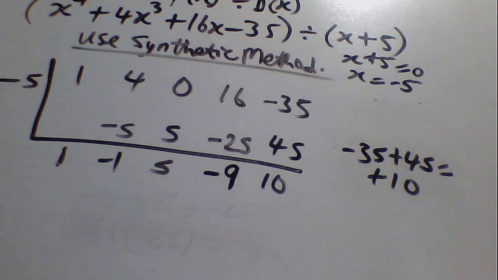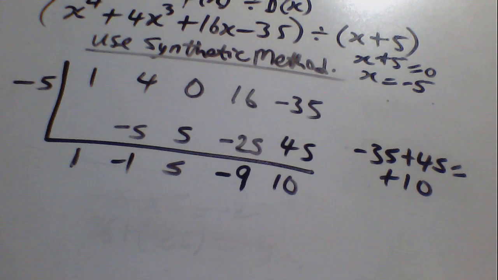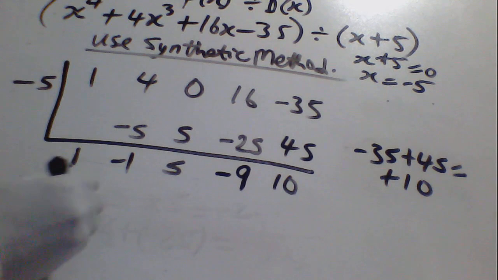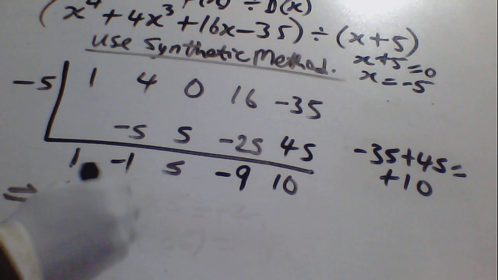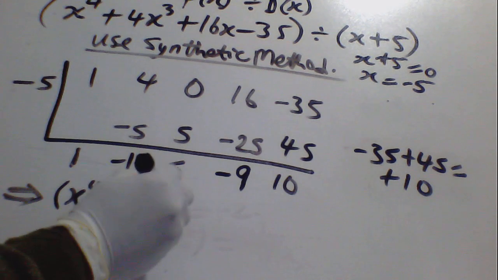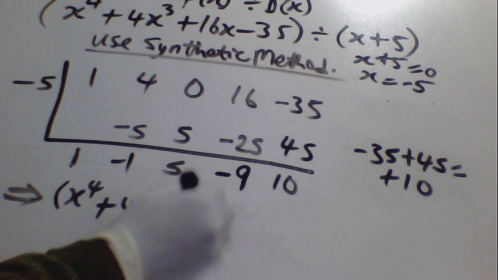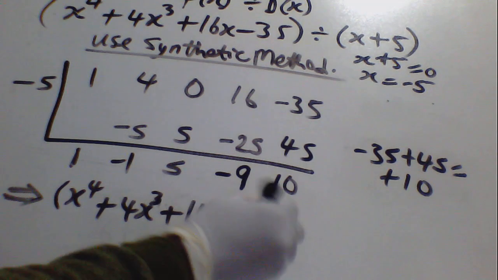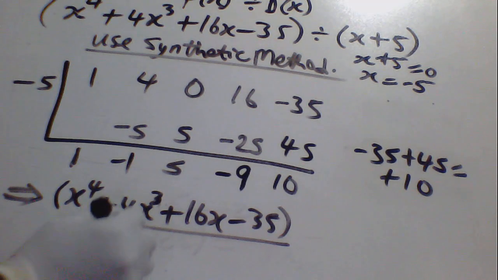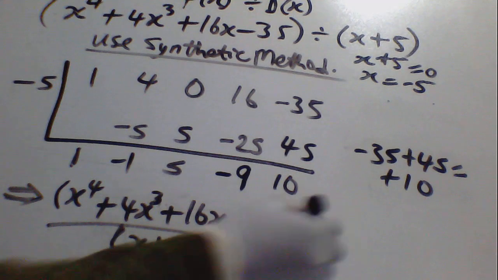So the next thing is to write the value of the result you got. So in this case, we have that s raised to the power 4 plus 4s raised to the power 3 plus 16x minus 35 divided by s plus 5.